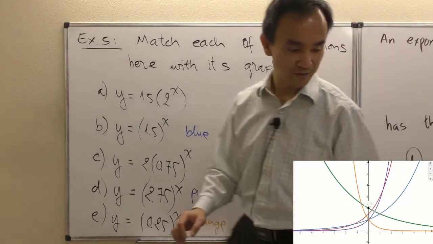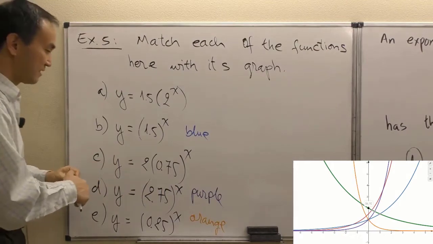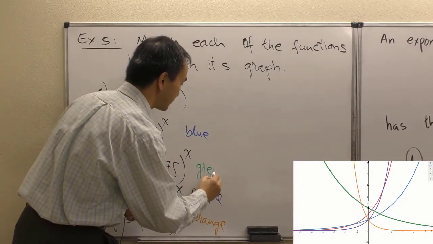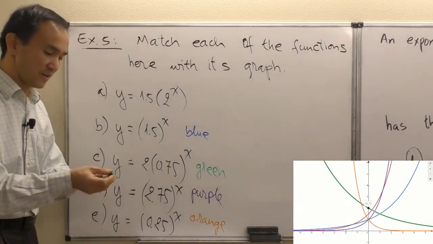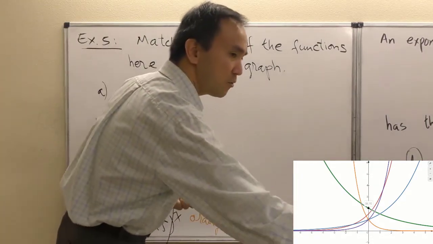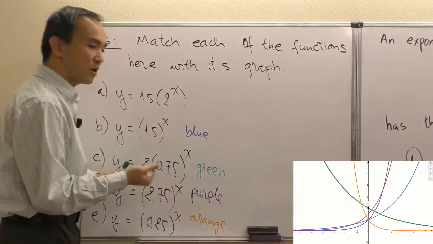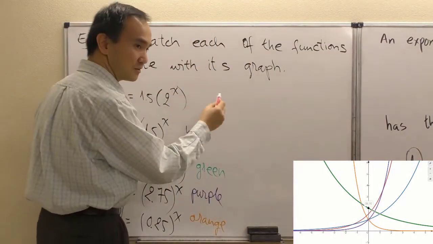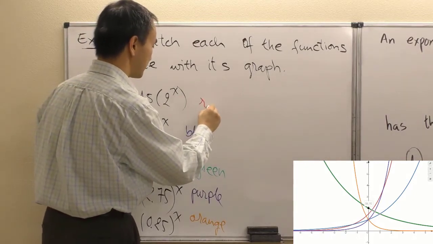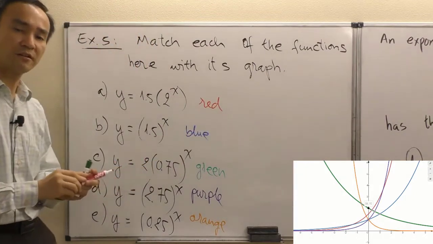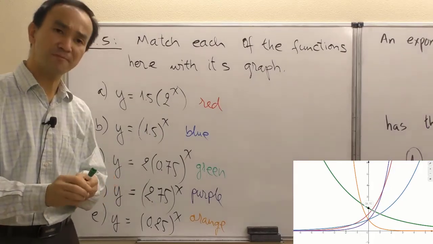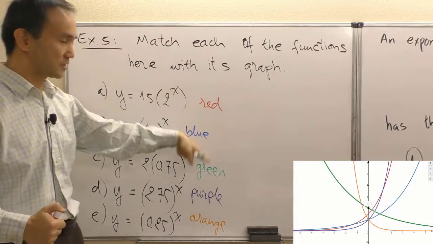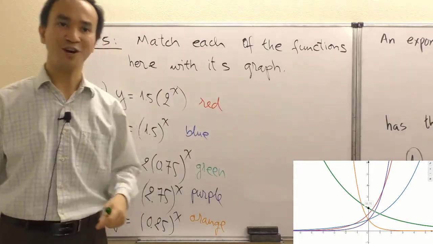That confirms our observation that this one must be the green graph. The remaining one must be the red one. So the red one is here, and that's the red graph. And that's how we complete matching up the graphs. We match each of the functions with its graph, being color coded.